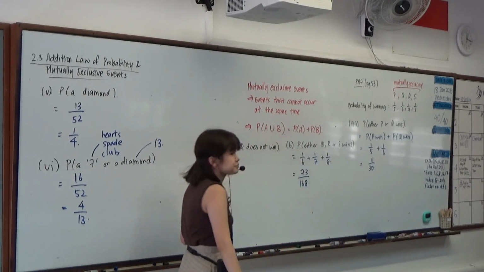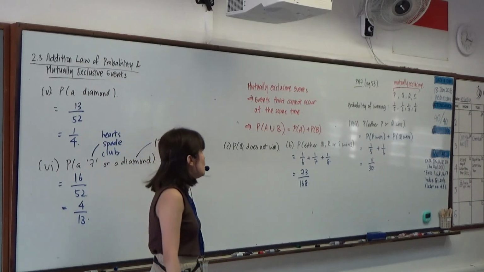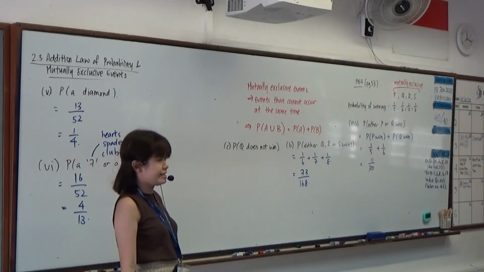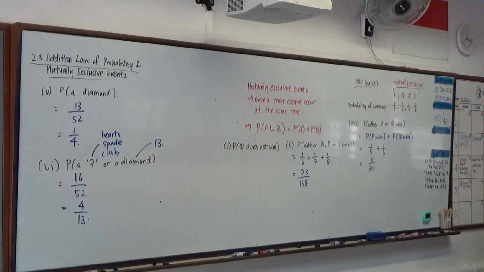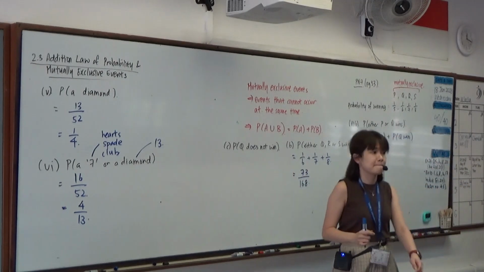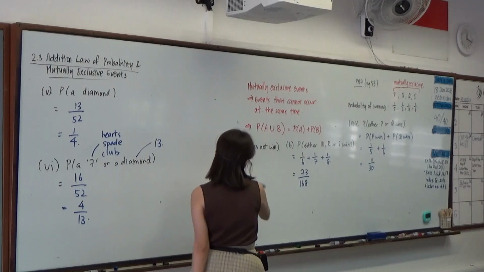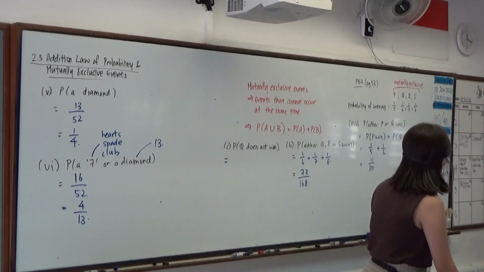Now next, part C. What is the probability of Q does not win? I want you to think about this. What would the probability of Q does not win actually be? Josh. What is the probability of Q does not win? 5 out of 6.